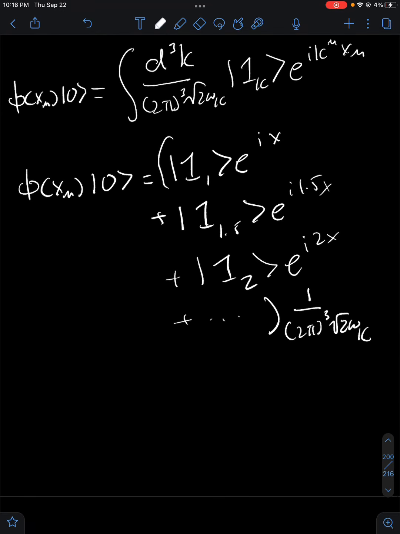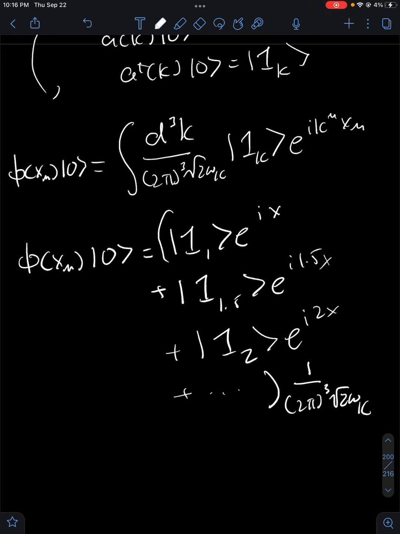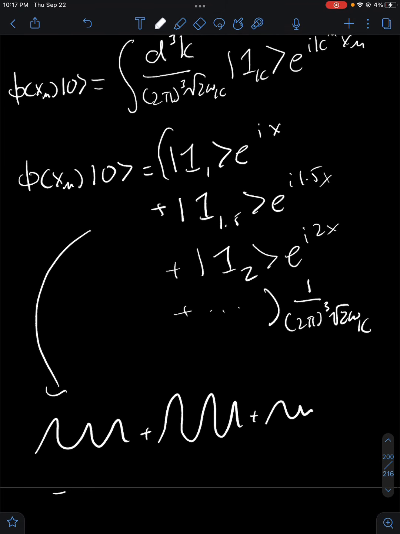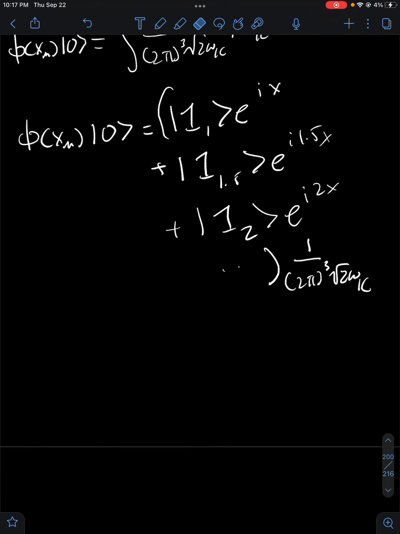So to put it in more physical terms, we're summing over all the possible plane waves, or we're summing over momentum eigenstates that are weighted by the plane waves. And we know for a fact that by summing over all the possible plane waves, we get the delta function.